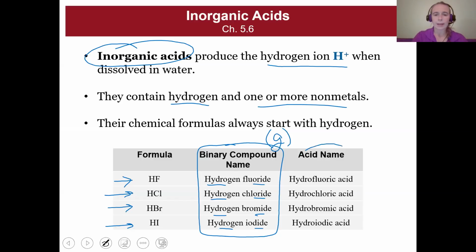But the inorganic acid always has this other name: hydrofluoric acid, hydrochloric acid, which I'm sure you've heard of, hydrobromic acid, hydroiodic acid. So hydrofluoric and hydrochloric are the 2 most commonly known ones that you might have heard of before. Hydrofluoric is a particularly bad one. I mean, all acids can be really bad depending on their concentration. But hydrofluoric acid is a particularly bad one, and we'll talk about that quite a bit later in the semester.